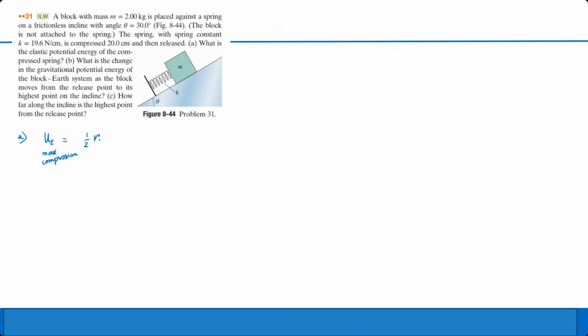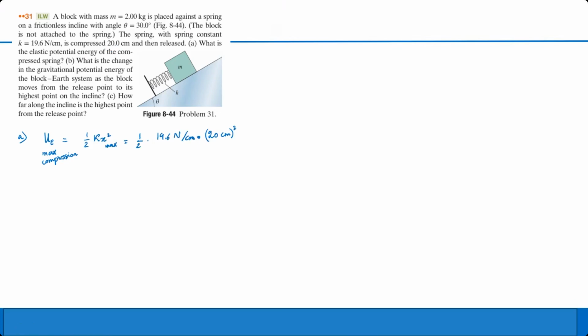Now, the potential energy has this formula. I have k, it is 19.6 newtons per centimeter, and x is the compression, which is also given to us. It is 20 centimeters. So I'll multiply by 20 centimeters squared.